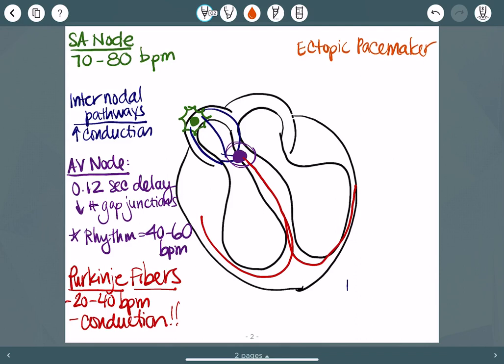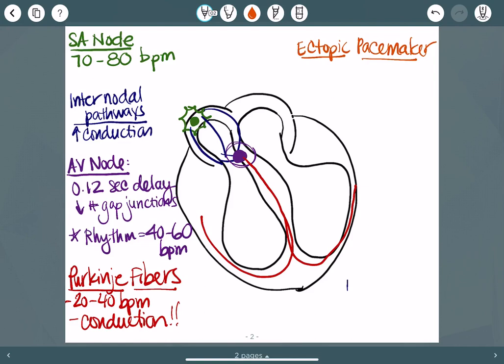When the pacemaking of the heart is coming from anywhere other than the SA node, that's an ectopic pacemaker. So we will talk about this happening where the rate of the heart is originating from a place that's not the SA node.